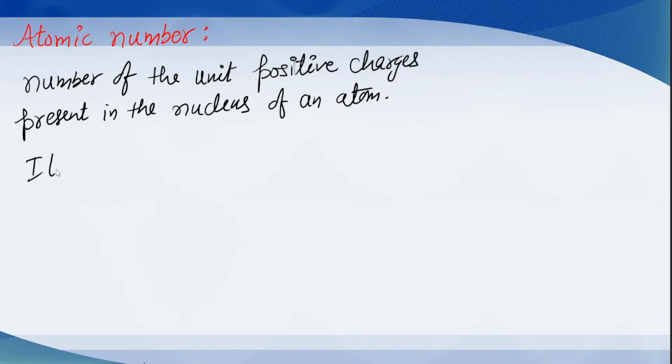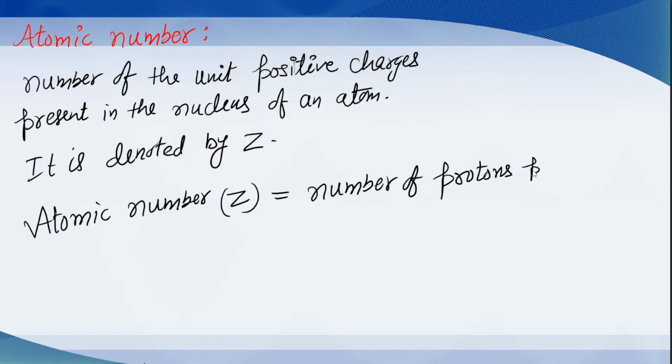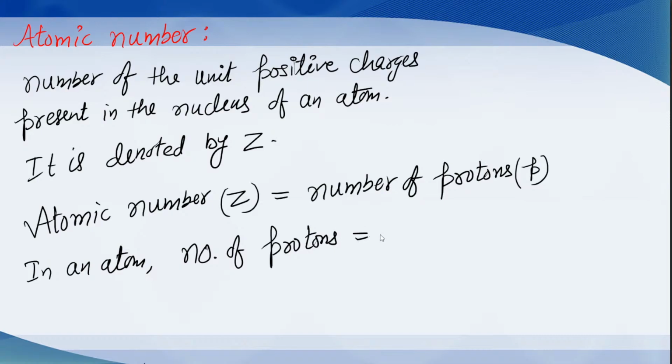It is denoted by Z. So actually atomic number Z is number of protons, and in a neutral atom number of protons is equal to number of electrons.